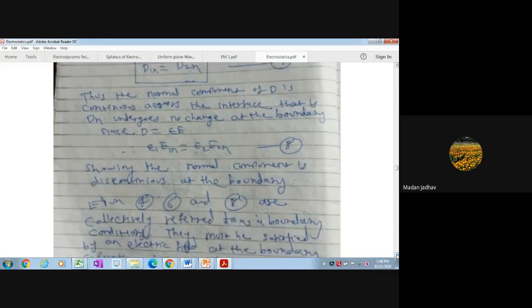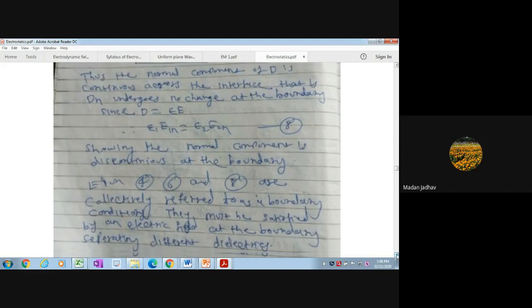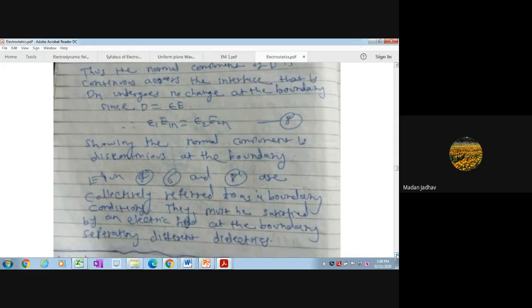Once you know the tangential component and normal component of electric field intensity, you just add these two components and you will get E2. In this way you can use these electric boundary conditions to find E2 and D2, the electric field and electric flux density in the other medium.